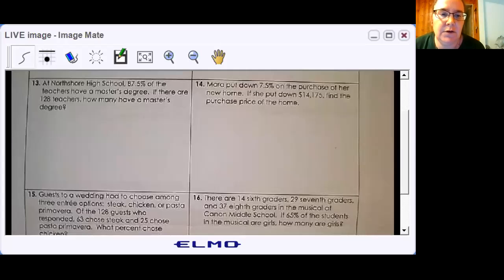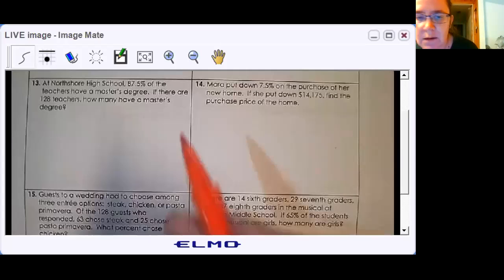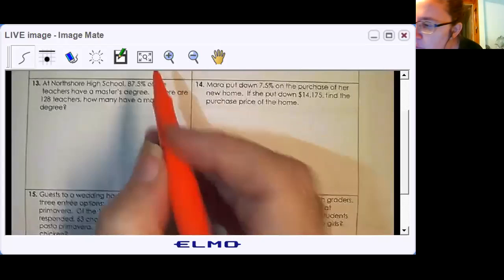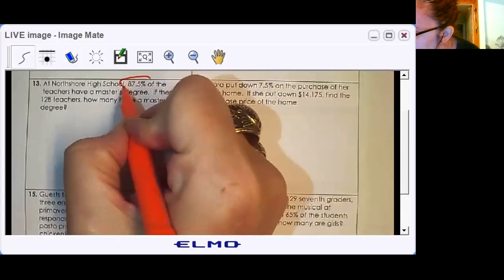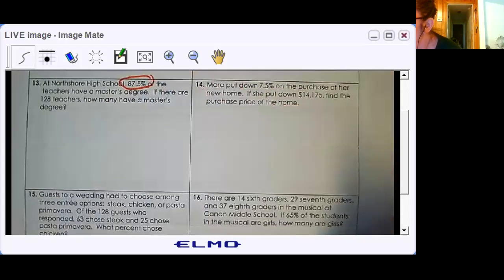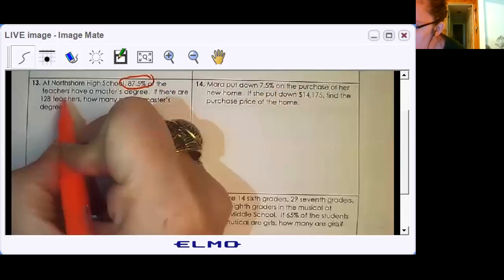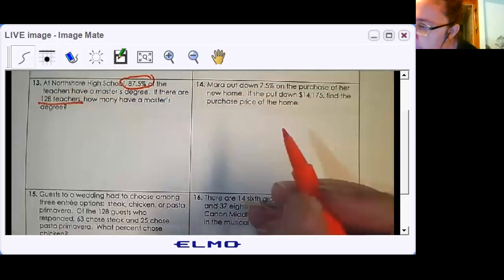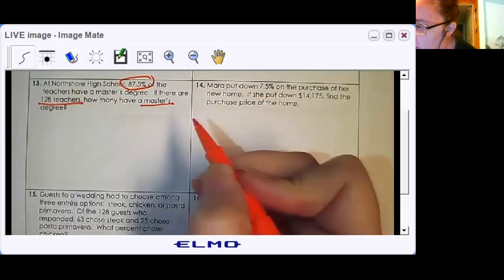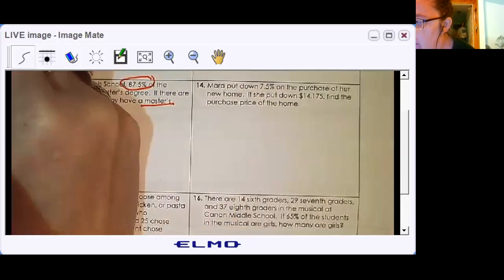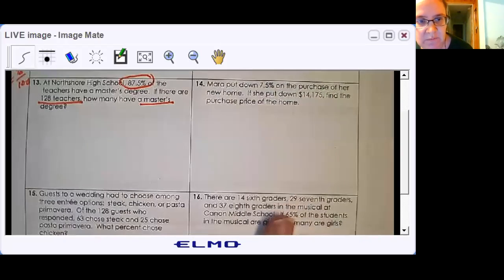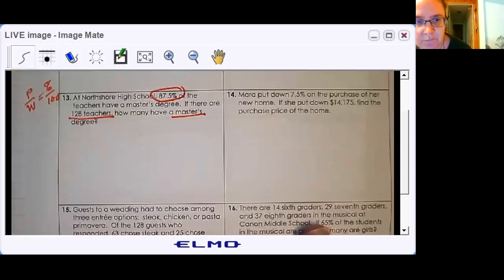All right, so let's look at 13. At North Shore High School, 87.5% of the teachers have master's degrees. If there are 128 teachers in the school, how many have master's degrees? Well, I'm going to give myself a reminder here. Part over whole equals percent over 100, because that's my formula I'm going to be using.